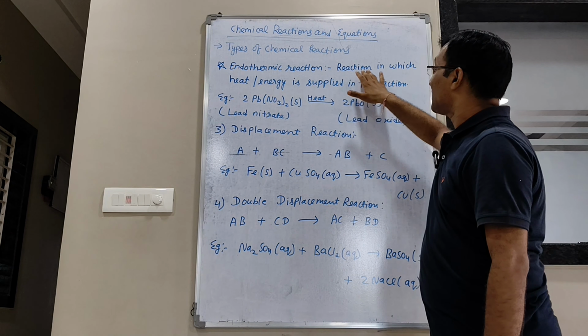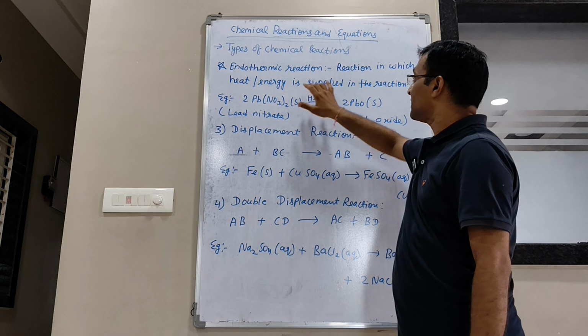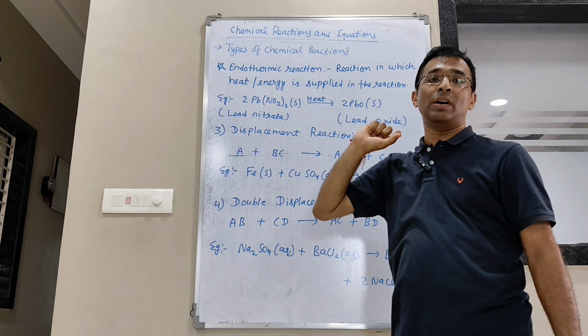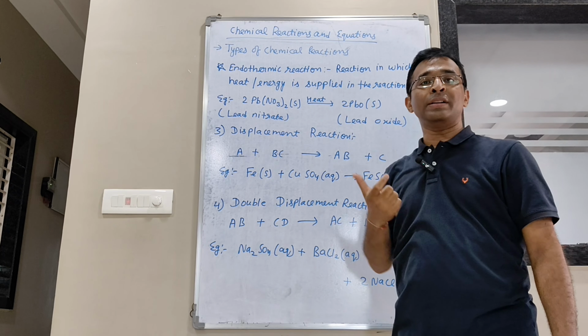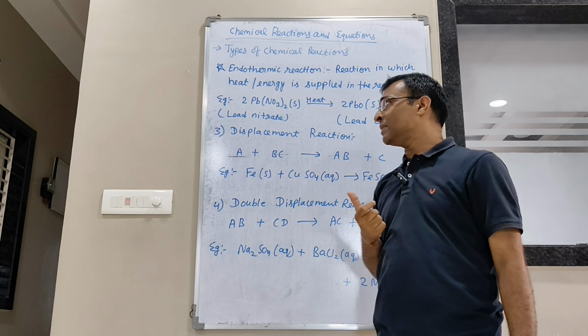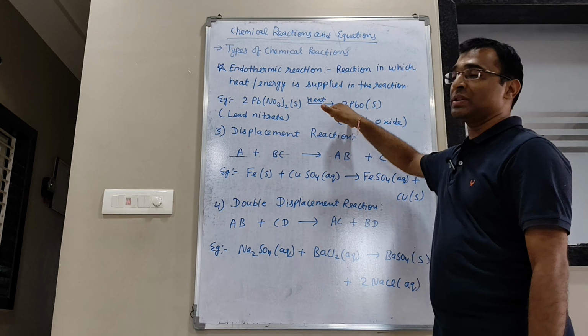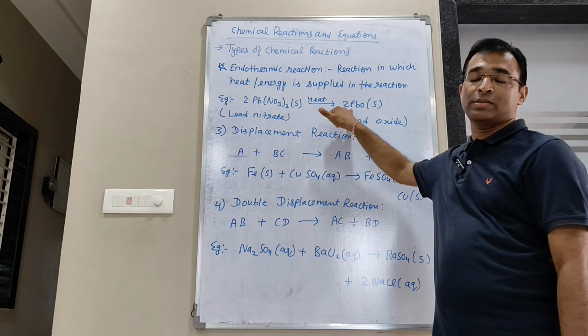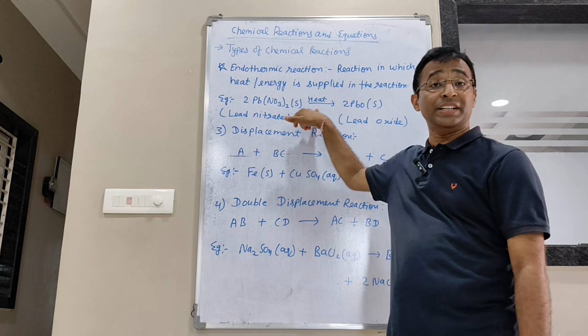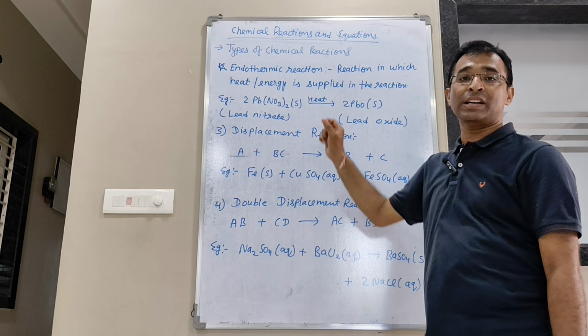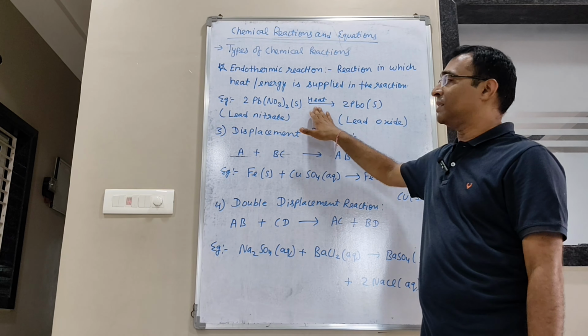The endothermic reaction is one in which heat energy is supplied to the reaction. Now what does that mean? Consider an example, lead nitrate decomposed to form lead oxide when it is heated. Here in this reaction, the important point is heat.